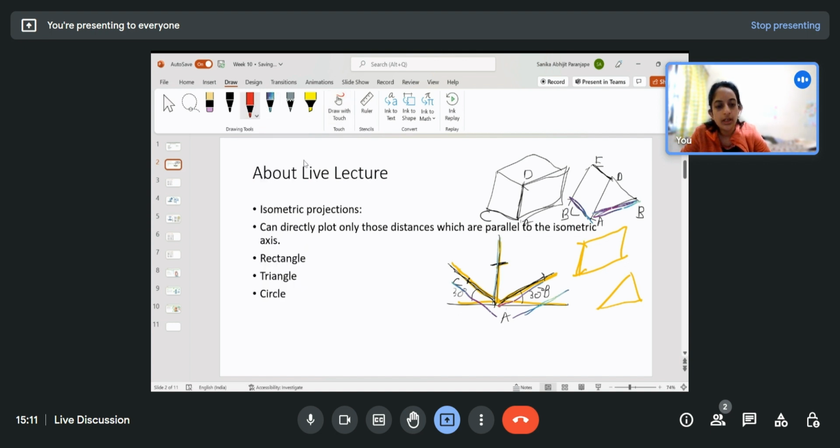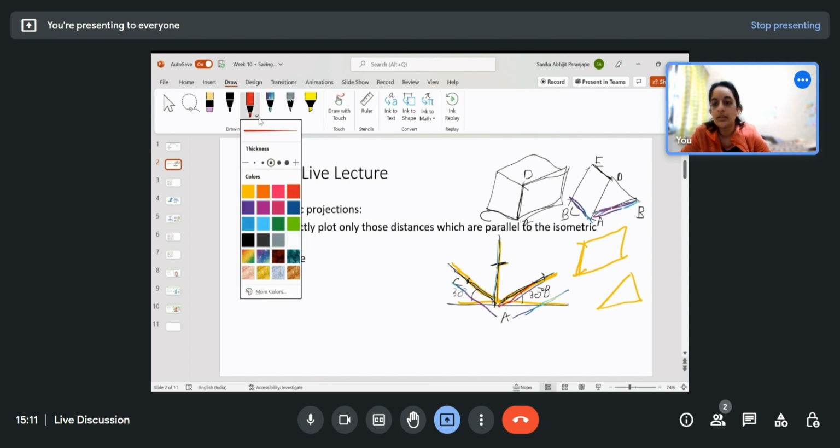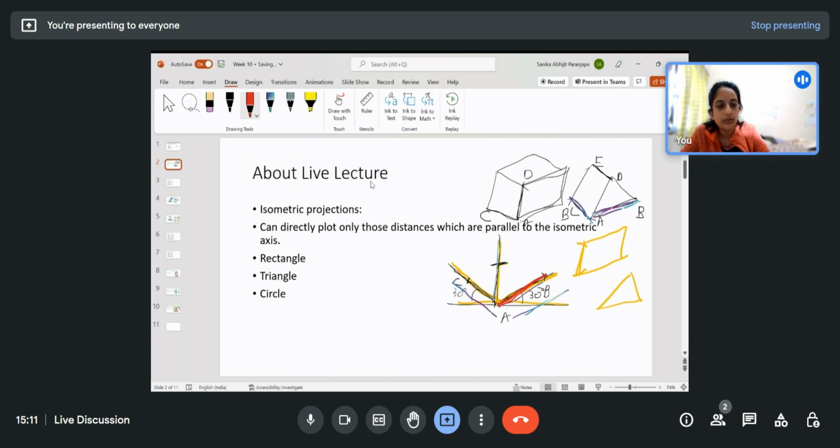You can plot AB here directly. But to get the point D, you need to construct a cuboid outside this sort of extruded triangle.